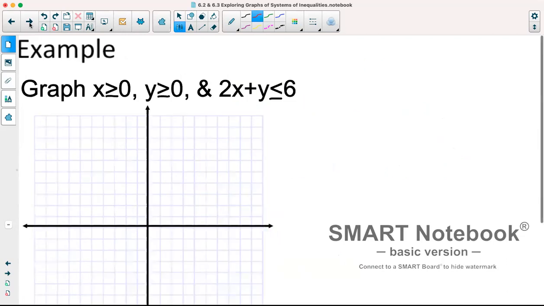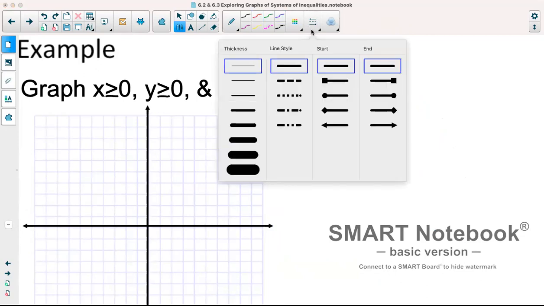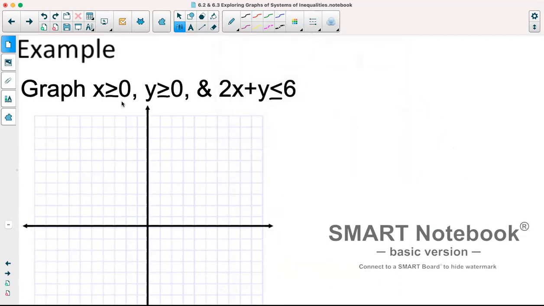Okay, so we'll do one more example. This one, we're graphing x is equal or greater than 0. So if we have x is equal or greater than 0, that's just a vertical line at x equals 0. If we're equal or greater than it, that's everything on this side of it.